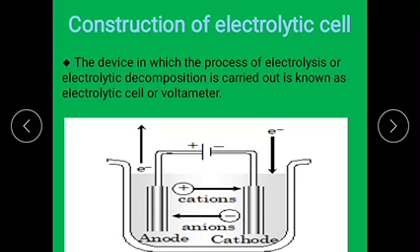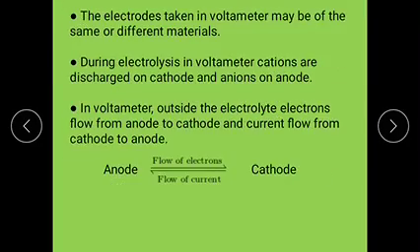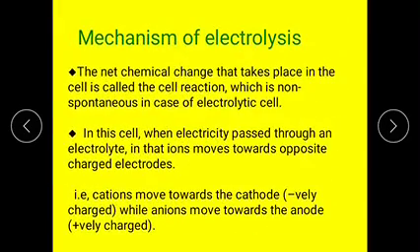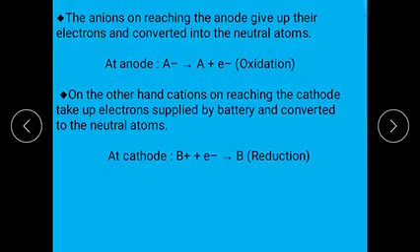When electricity is passed through an electrolyte, it splits into positively and negatively charged ions. Those ions move towards oppositely charged electrodes.